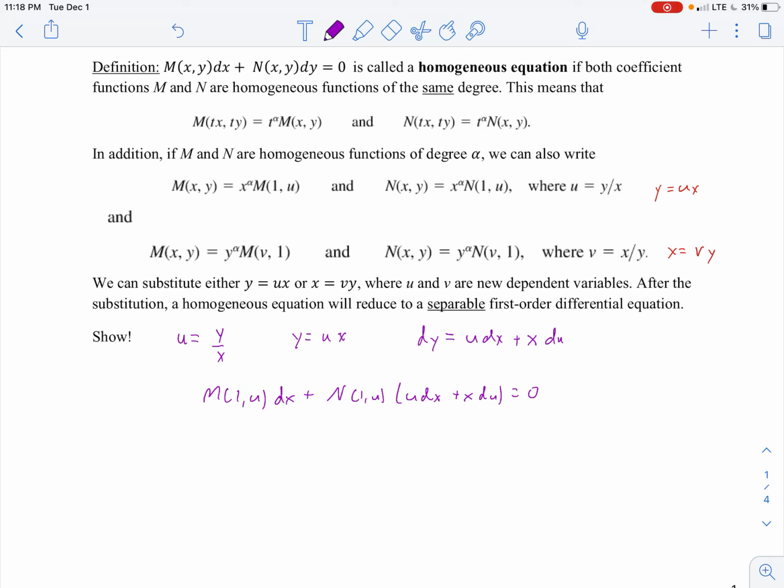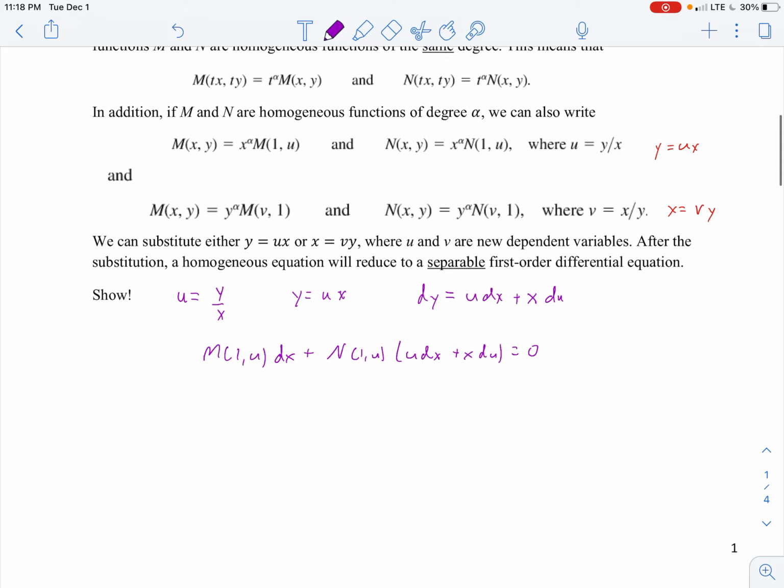We still have dx, so we still have x here, but we've gotten rid of pretty much all of our y's from our equation. So that's okay. Now we just have two variables, u and x. Y is still there because it's inside the u, but when we're looking at it, it appears to just be u and x.